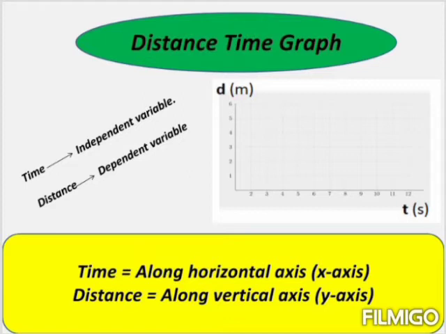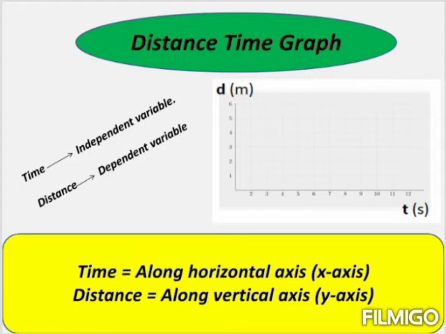Now we have to decide which one is the independent quantity and which one is the dependent quantity. Time is the independent variable, and distance is the dependent variable. As you know, we draw the values of the independent variable on the x-axis.